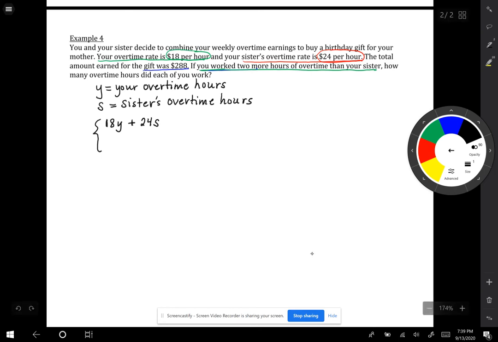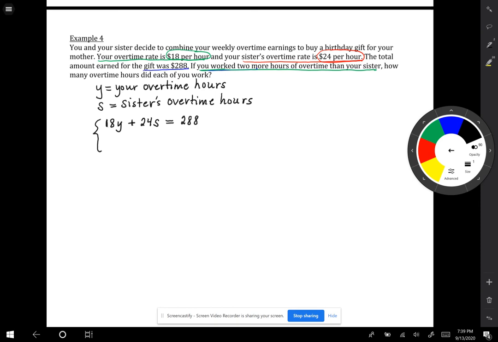And the grand total: 18 times the number of your hours plus 24 times the number of your sister's hours. So this is $18 times Y plus $24 times S equals $288, because the top equation is going to deal with money. The bottom equation is going to deal with the time.